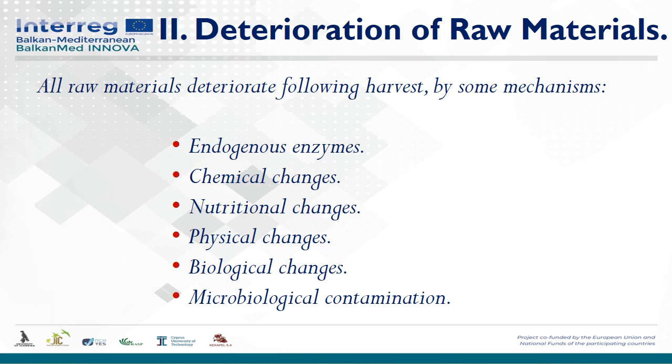Endogenous enzymes act on plant tissue, promoting the softening of raw material and normally their deterioration or decay. They also, thanks to the oxygen, oxidize polyphenol substances, and the oxidation of polyphenols is always related with changes of the color, and mostly they are associated with darkening.